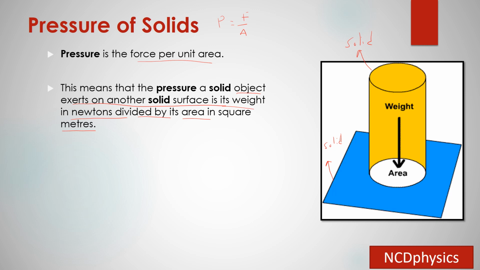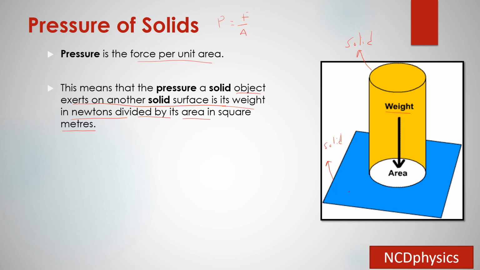It is placed on a plane. So this solid is producing a pressure on the next one. The pressure produced by the solid on the other solid is equal to its weight over the surface area which is touching the next solid.